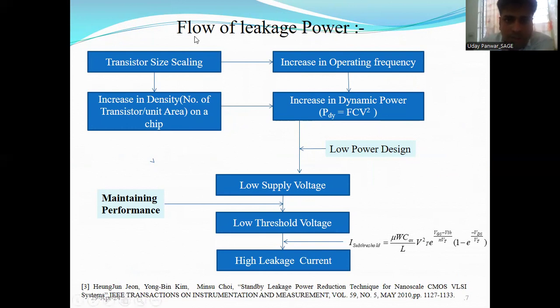In this flow, the very first is transistor size scaling.